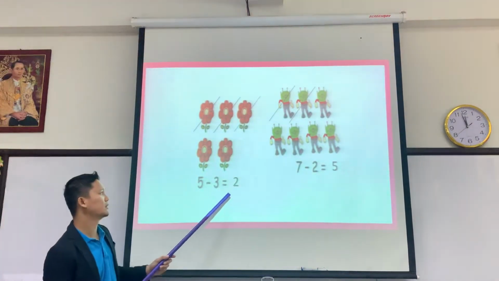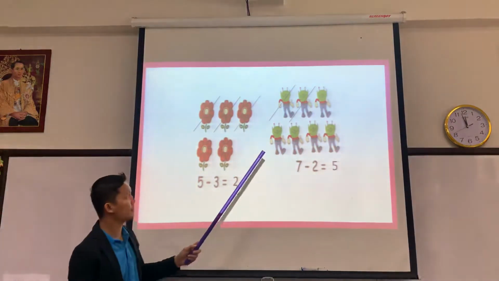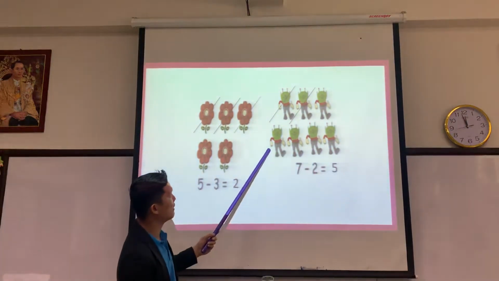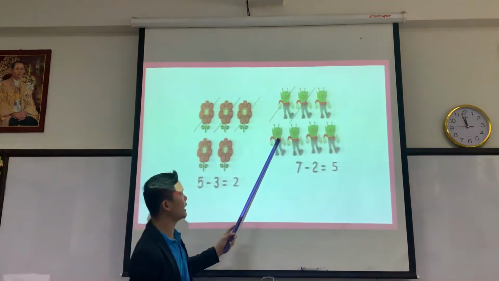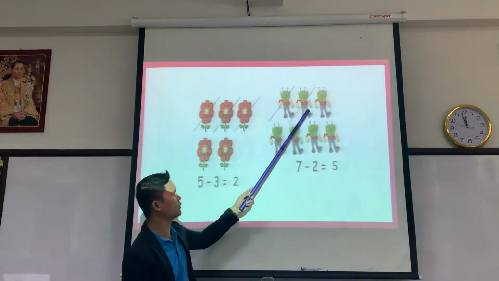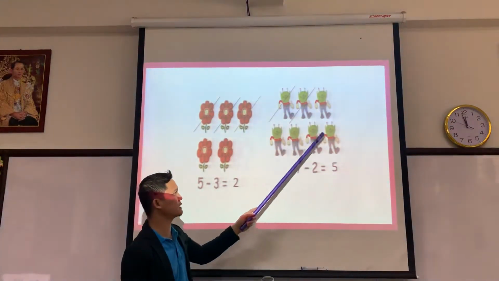Another one. How many puppets are here? We have 1, 2, 3, 4, 5, 6, 7.